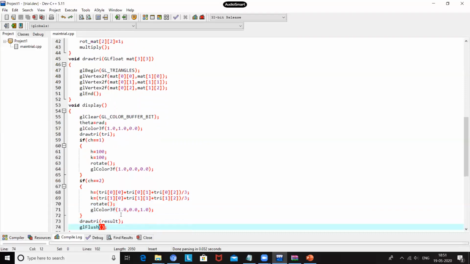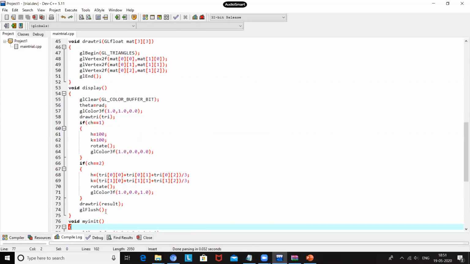If the choice is 2, then the centroid of the triangle is given by the summation of the x coordinates of all 3 vertices divided by 3. Similarly, the y coordinate of the centroid is given by the summation of the y coordinates of the vertices divided by 3. The same thing we compute here as h and k. Then we call the rotate function again, and the color of this triangle is set to 0.